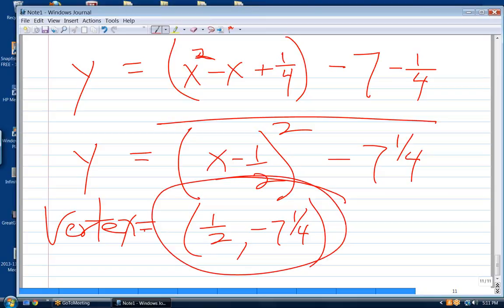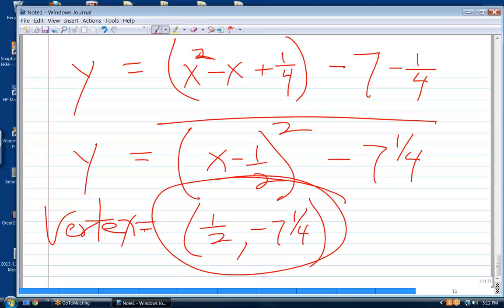Even though I haven't solved it, I haven't come close to solving it, I still use completing the squares. So completing the squares is used to take a quadratic and put it into vertex format, or it's used to take a quadratic and solve it, solve for the zeros. So either one.